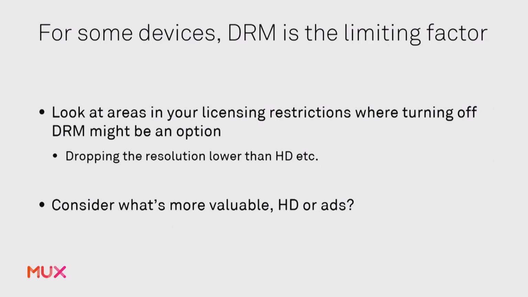And again, this is mentioned by Google, but DRM can totally be a limiting factor on the compatibility you've got. So if you check your studio contracts, you might not need DRM for SD content. So sometimes it might actually be possible to make the trade-off of, well, I can have ads, but not DRM, so I have to lock the resolution down to SD. Again, may or may not be popular with the business team, but it's worth taking a look into those as opportunities.